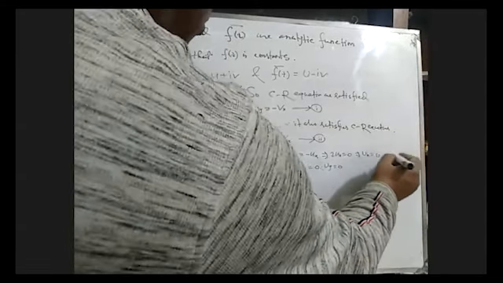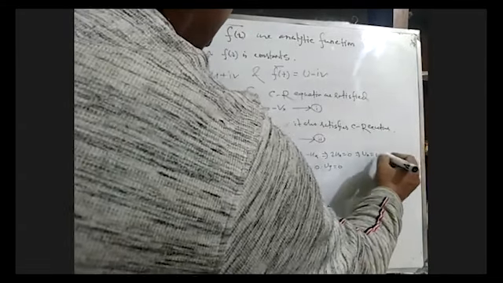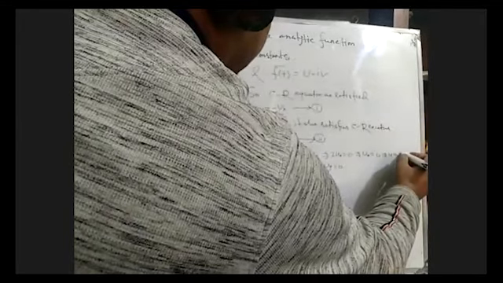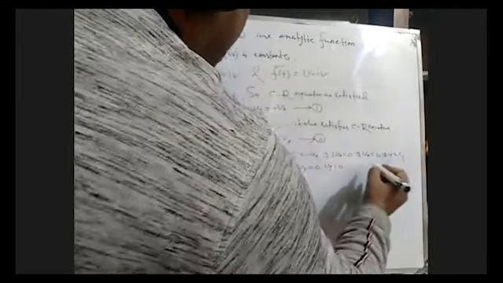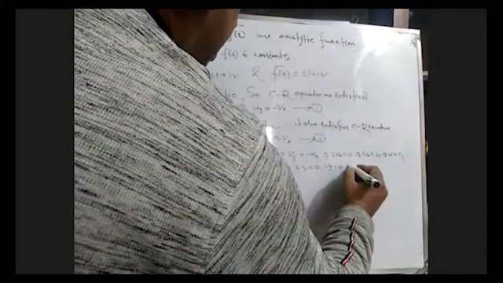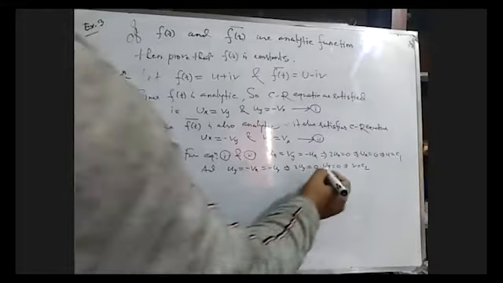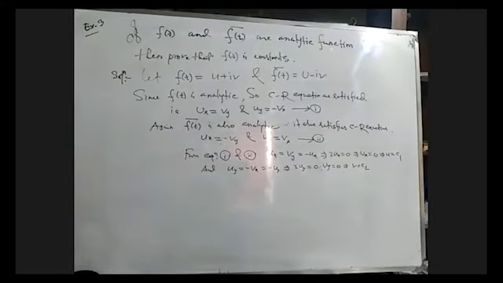Now integrating on both sides from here, u equals to constant. Okay. C1. Similarly, b equals to C2. After integrating, partial derivatives will be removed. So u equals to C1 and b equals to C2.